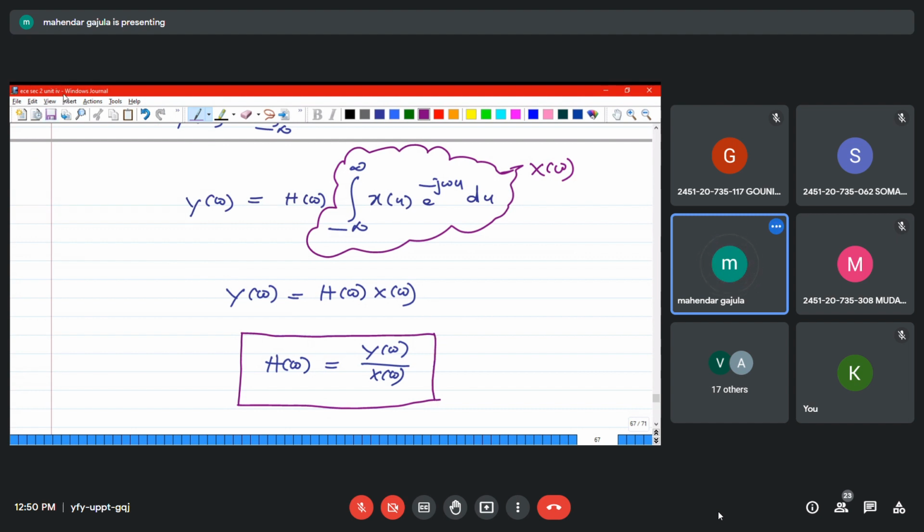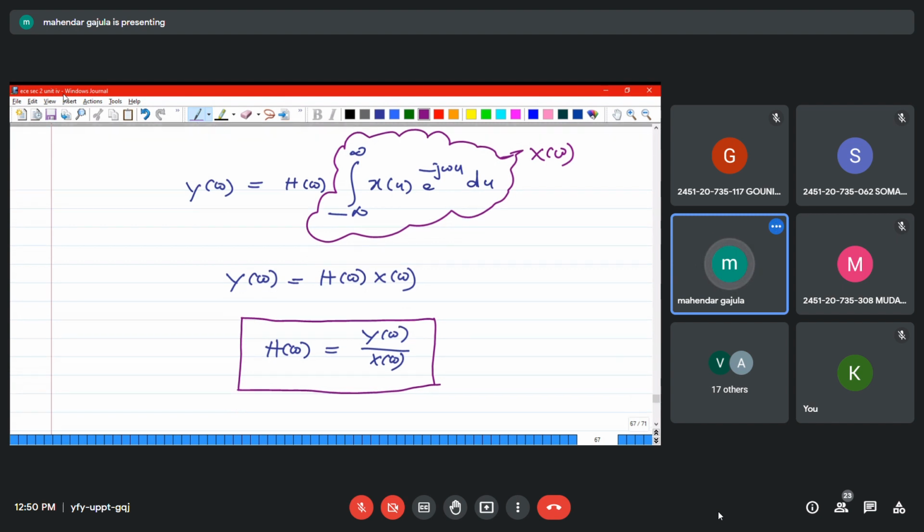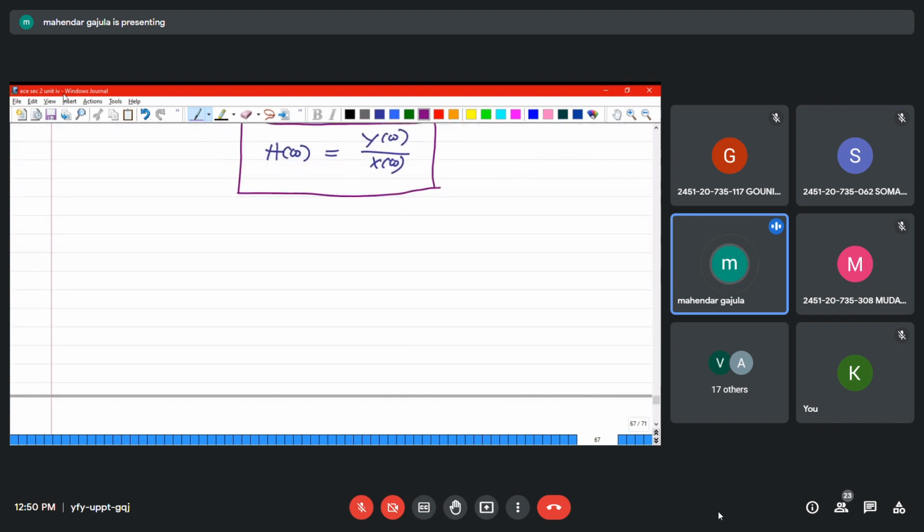Okay. Next, let us find out the power spectral density of y(t). So S_yy omega we have to find.